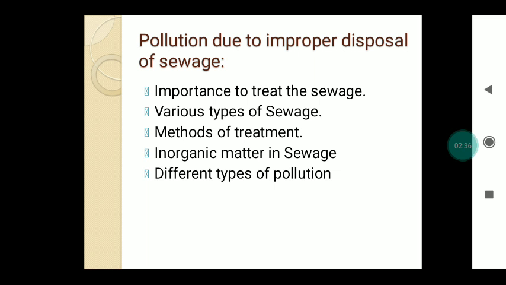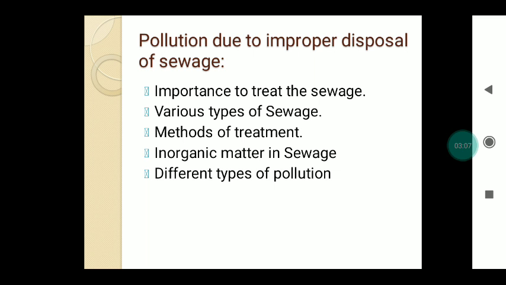That's why it is very important to treat the sewage before it is discharged into the natural stream. If this does not occur properly, then the dissolved oxygen in the sewage reduces, because the bacteria utilize that dissolved oxygen to decompose the organic matter present in the sewage. So this is the importance of treating the sewage before it is discharged into the natural system.